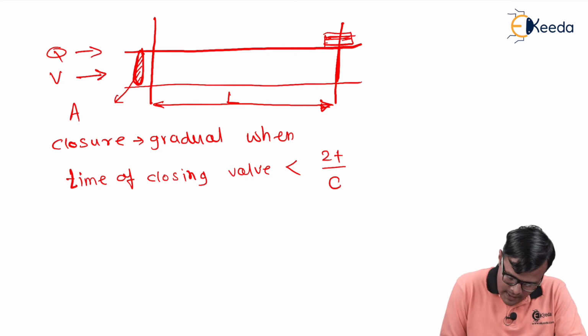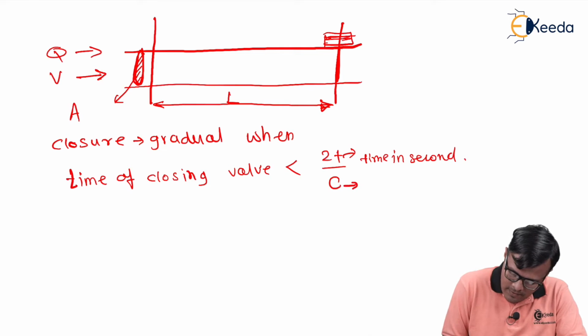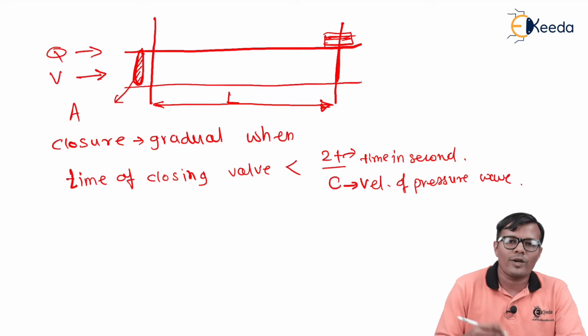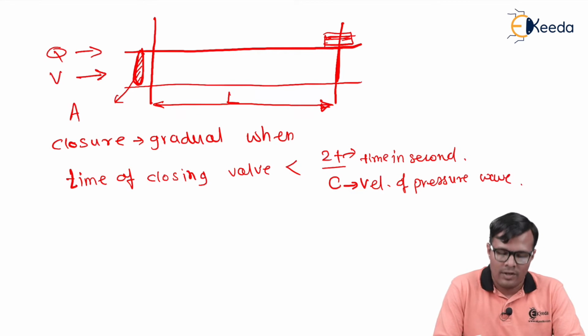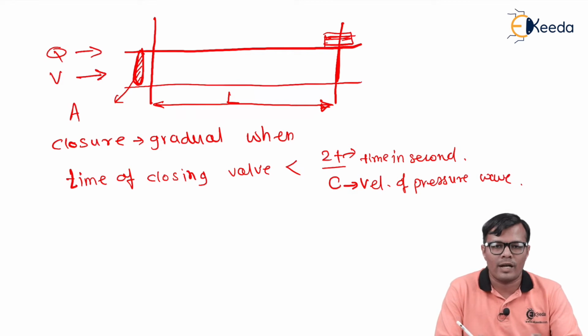So t is time in seconds and c is velocity of pressure wave. So if pressure wave requires a particular velocity c to travel, then 2L divided by c will be a value of particular time.